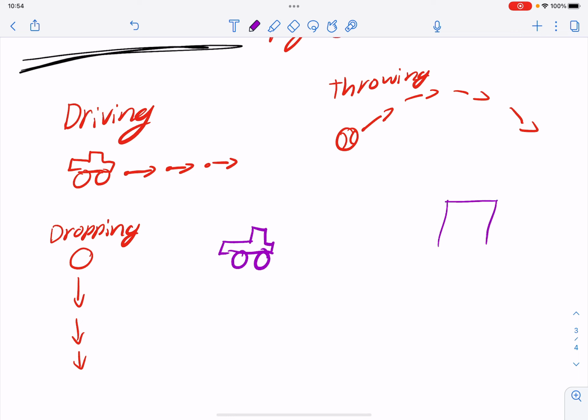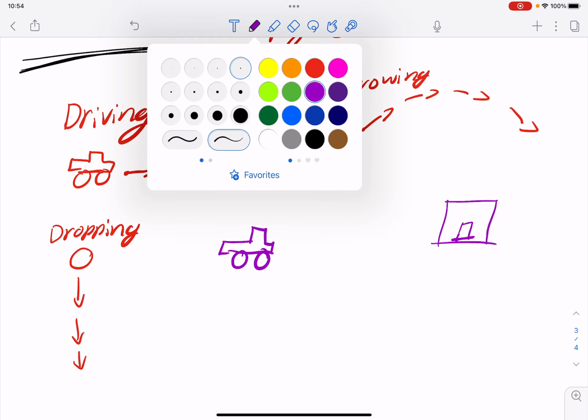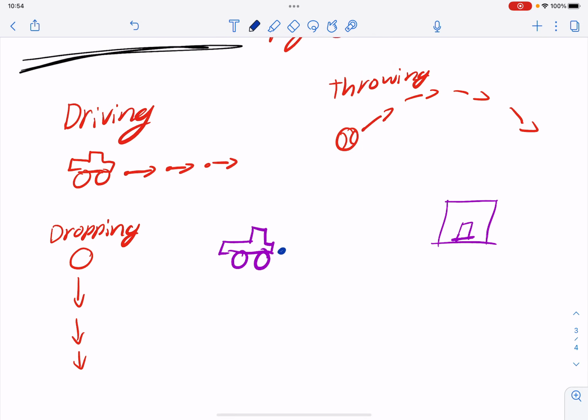The window's over here, right? This is the little person that takes your order. So when you're driving up, you're going to start coming in pretty fast, right? So we're going to have some fast arrows just like this. And as you get closer to the window, you're going to have to start stopping, right? So you're going to slow down, slow down, slow down. Once you make it to the window, you're going to have to stop, right?